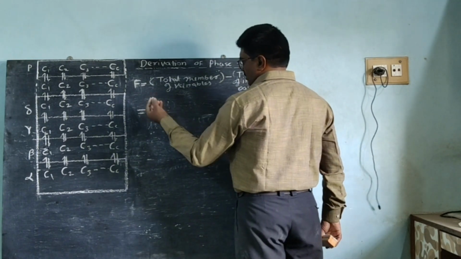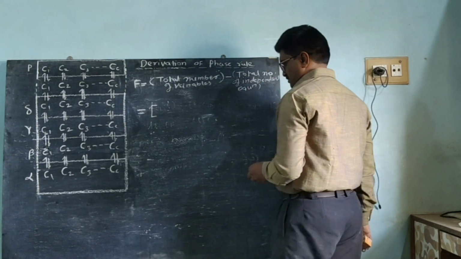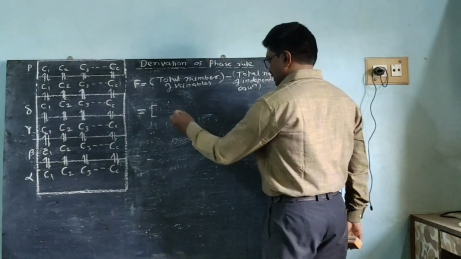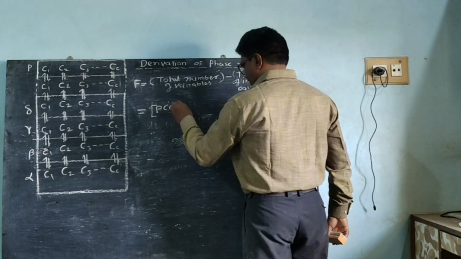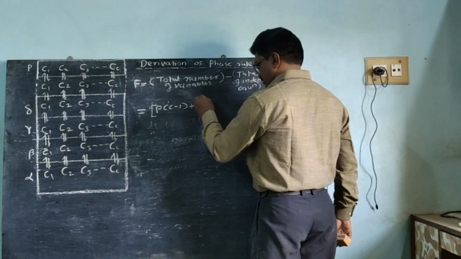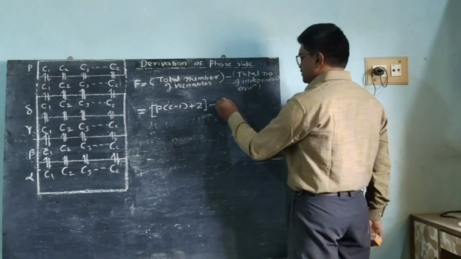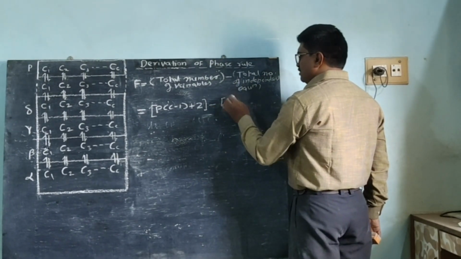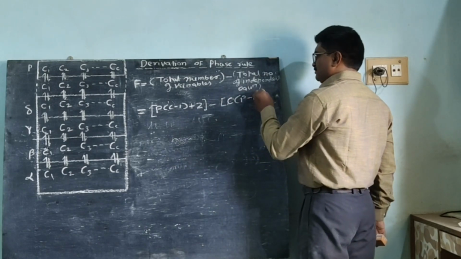Here the total number of variables is P into C minus 1 plus 2, minus the total number of independent equations, C into P minus 1.